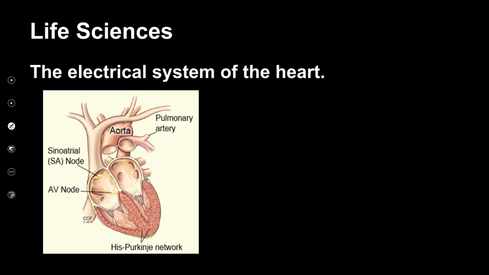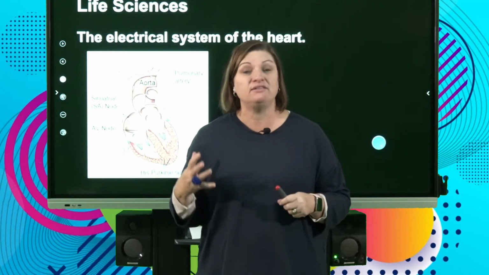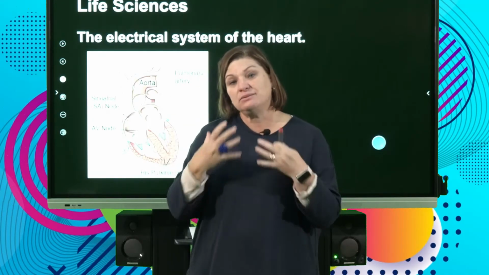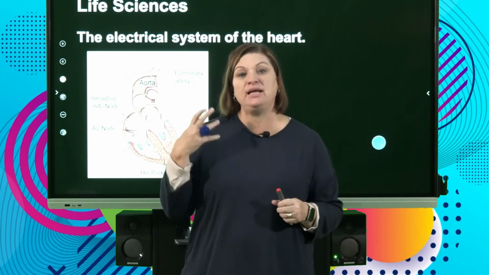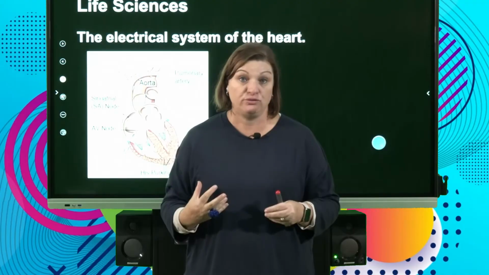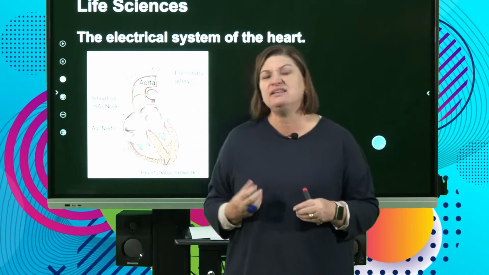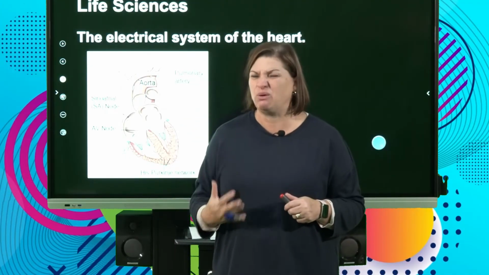All right, now the next concept: how does the heart beat? If we look at any kind of muscle, in order for it to work, it must be stimulated by a nerve. Now, the heart is a little bit what we call automatic. What do I mean by that?